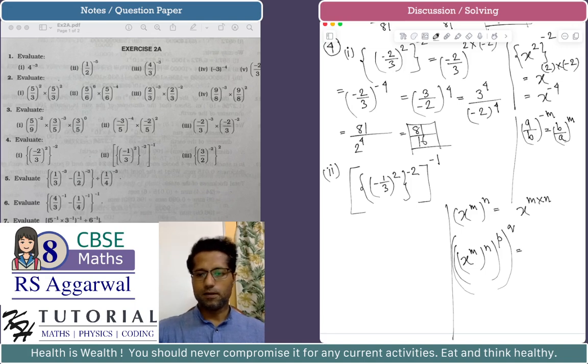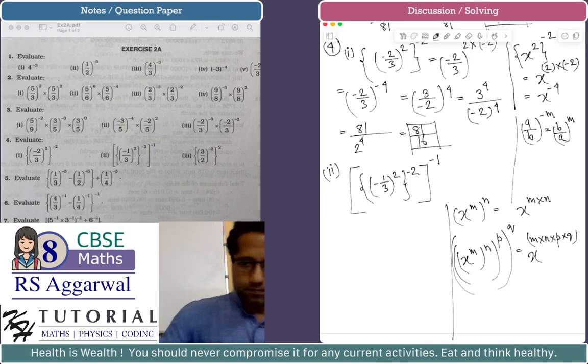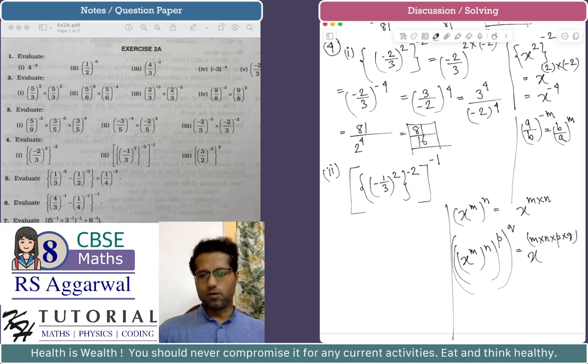This is nothing but x raised to the power m into n into p into q. Okay, so you can apply the same concept for any levels of powers, any number of powers.